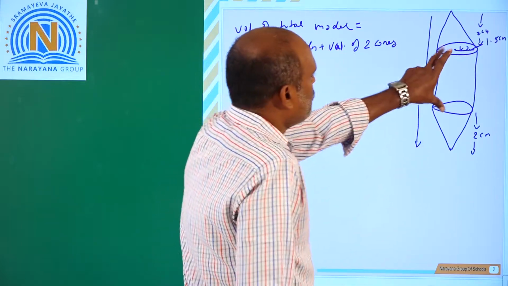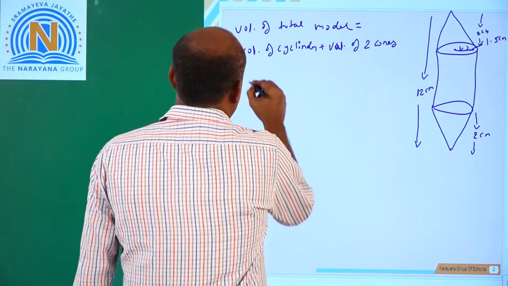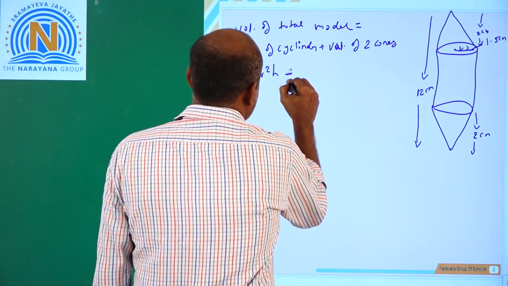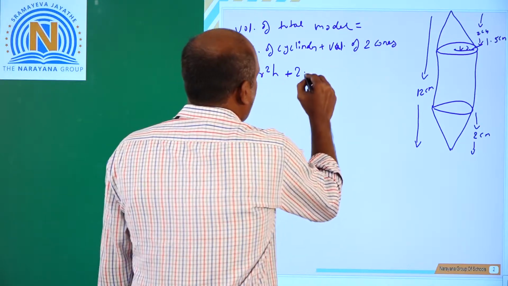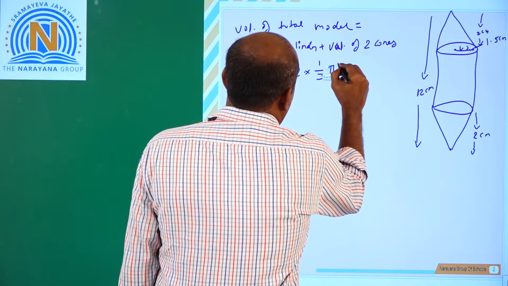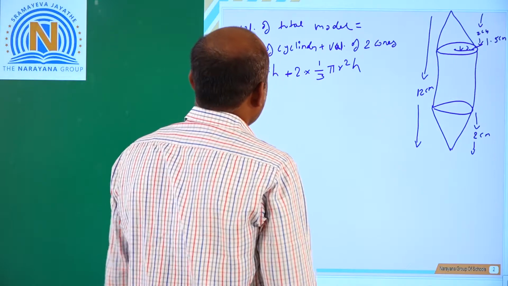We know volume of cylinder is pi r square h, plus 2 into volume of cone, 1/3 pi r square h.